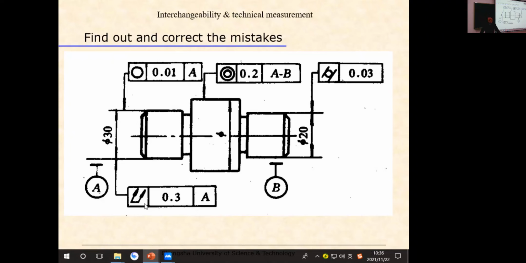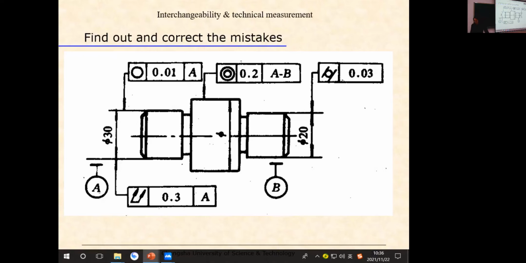This one is the total circular runout, right? Total runout. So it means this. You see that it's runout.